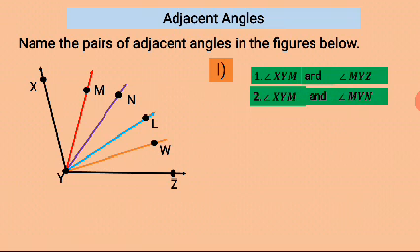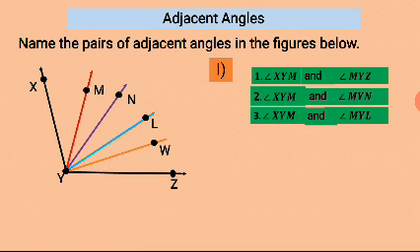Second pair, we take this angle XYM and write another pair, angle MYN. In these two angles, MY is a common arm.